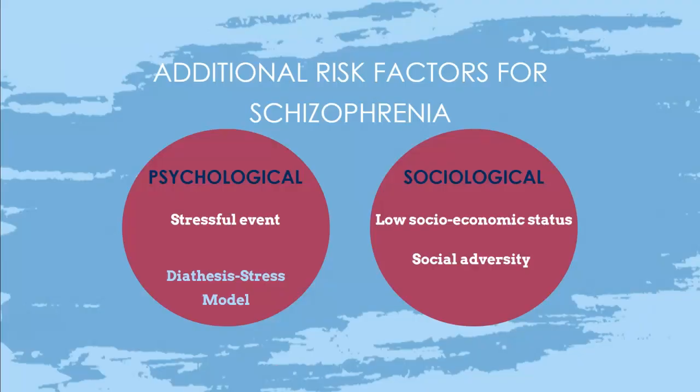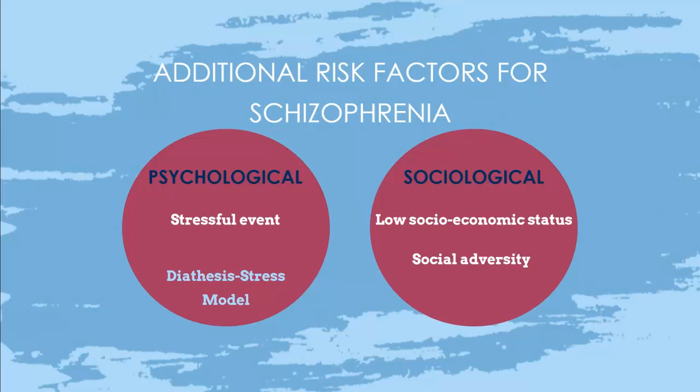Additional risk factors, psychological side says that stressful events can trigger it. So the diathesis stress model says that if a person has the genetics for it, then a stressful event is what can trigger it. And that's why it often doesn't show up until the late teens, early 20s, because that is one of the most stressful times in a person's life as they're coming into adulthood. So it is very hard, though, when people have the genetics.